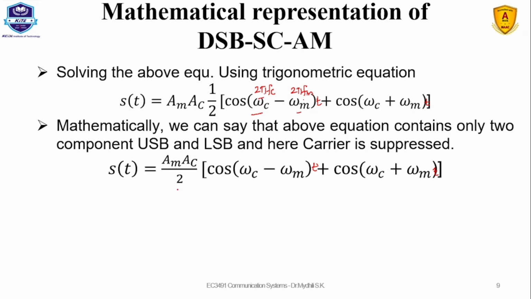Finally, just by taking the product of these terms, we have obtained the lower sideband and upper sideband. So this is the final mathematical equation for DSB-SC, that is double sideband suppressed carrier AM.